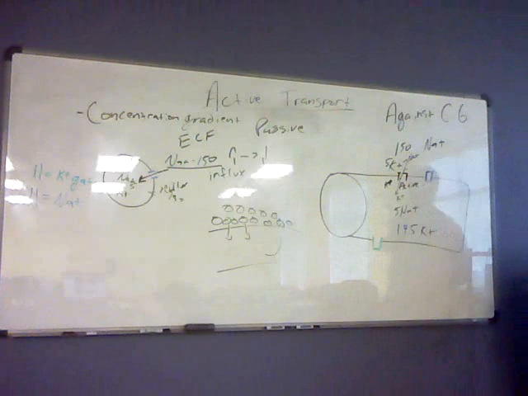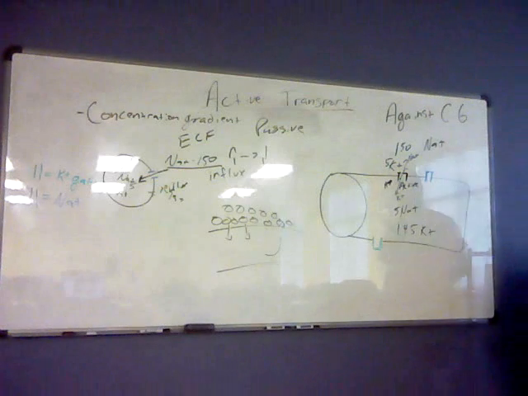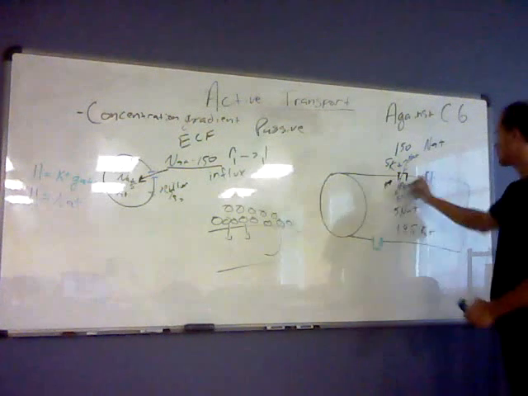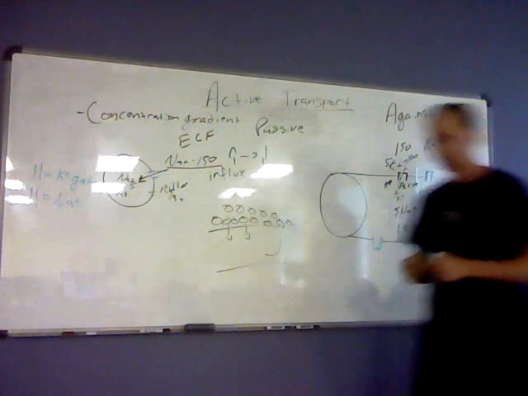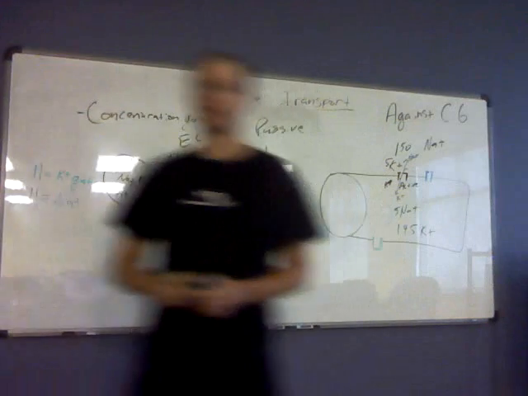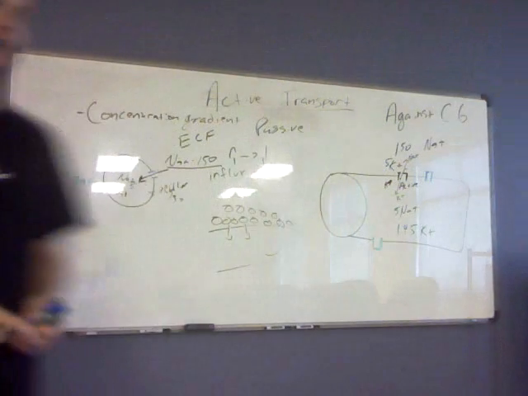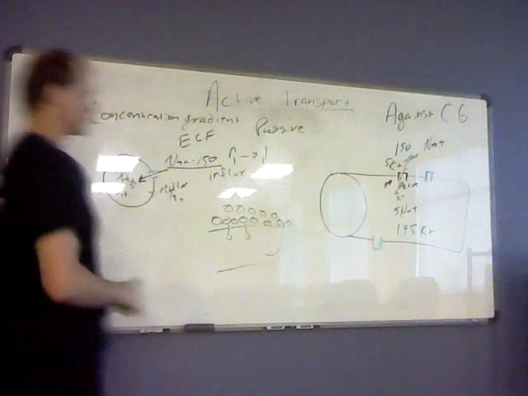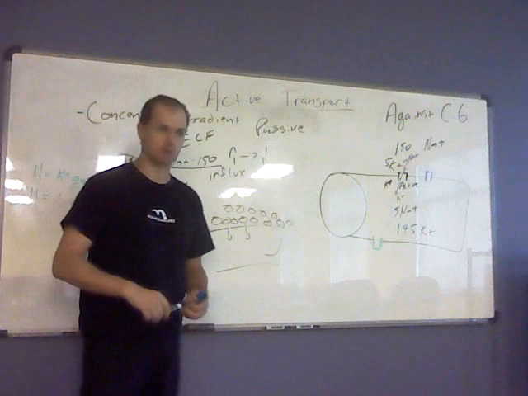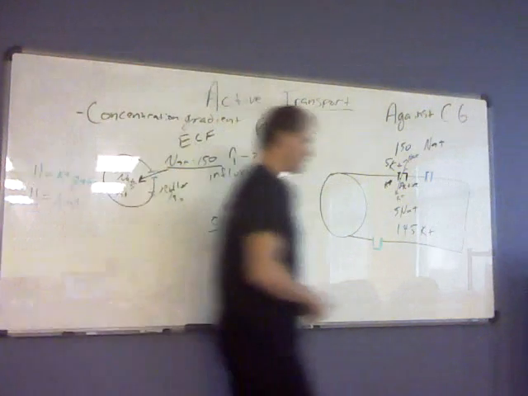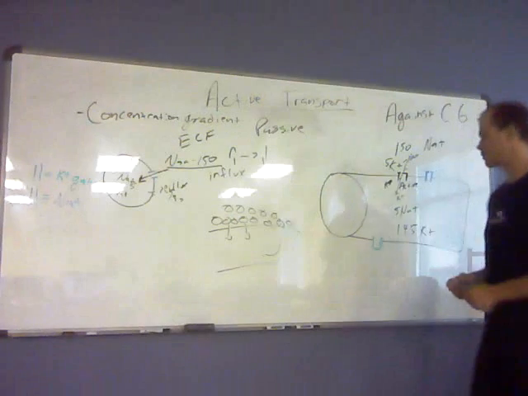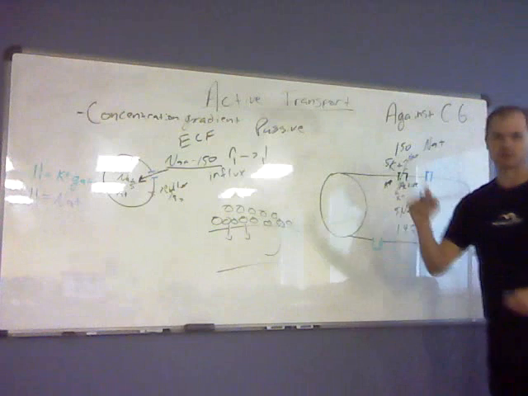So that's basically active transport: burning ATP to move molecules against the concentration gradient. This happens in quite a few different tissues of the body. You'll learn about this when we talk about the physiology of a muscle contraction as well. When a muscle contracts, you have to move calcium around within the muscle cell.